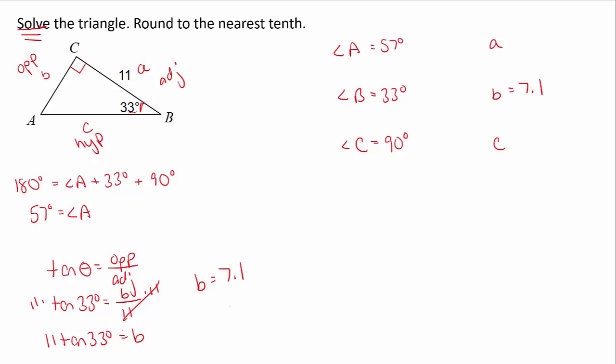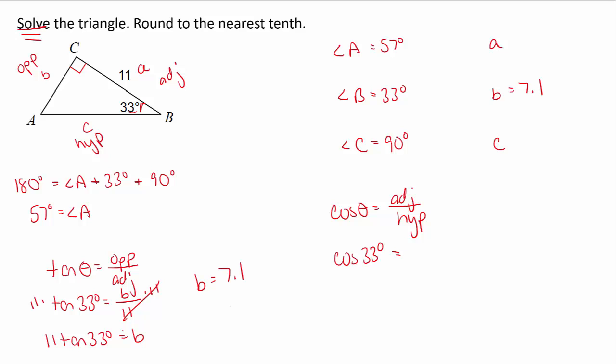Okay, we can do the same thing to find C. C, though, is our hypotenuse, and we know our adjacent side, so I'm going to do adjacent over hypotenuse. So I'm going to set up cosine of theta is equal to adjacent over hypotenuse. Again, we do know our angle. We're using the angle that's 33 degrees.